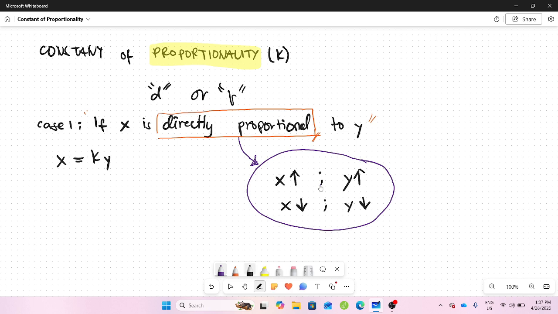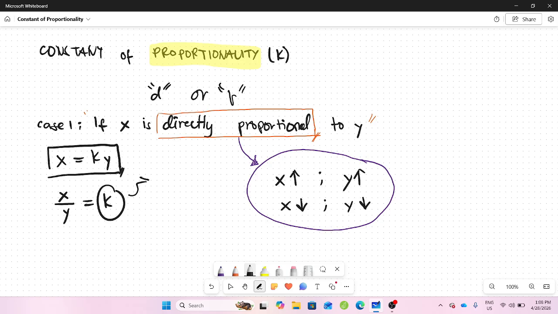Generally, this statement is written in the standard form: x is directly proportional to y. The constant of proportionality here is k. You could see that x divided by y gives you the constant of proportionality k.